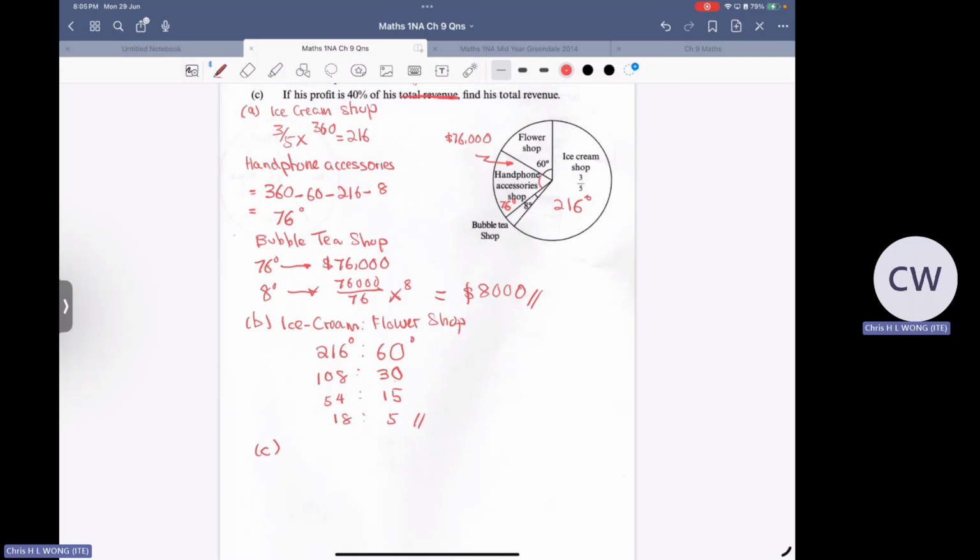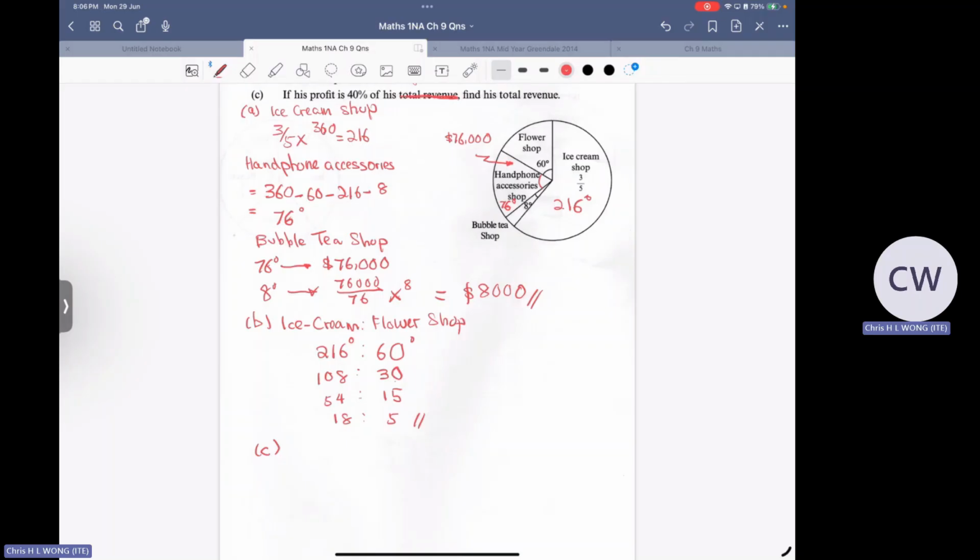The whole pie chart is actually the profit, am I right? So I want to find out how much is the pie chart, which is the total profit. I know 76 degree is actually 76,000. All I need to do is find out 360 degree, which will be the total profit, right?